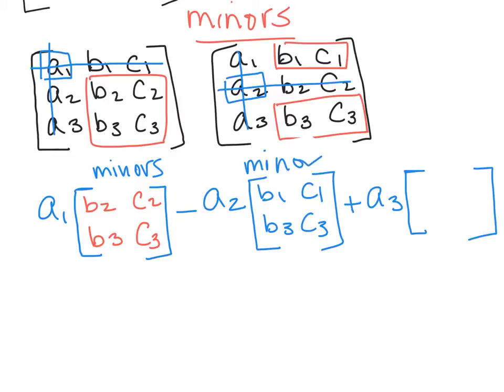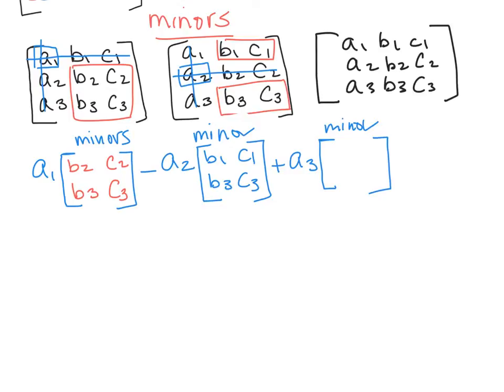A2 and the minor of A2, and then A3, and we're going to look at the minor of A3. So here is A3, and to find its minor, we're going to cross off the row and the column that A3 is in, and that's going to leave us our minor, which is this 2 by 2. So it's going to be B1, C1, B2, and C2.